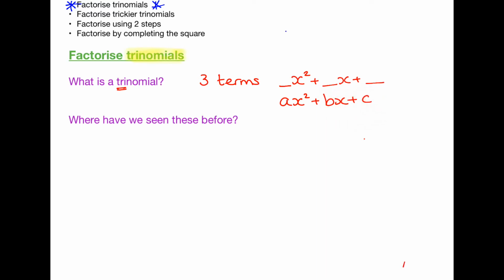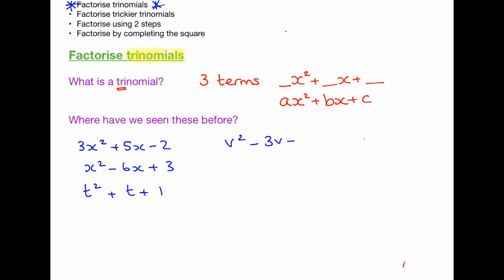Examples of trinomials would be things like 3x squared plus 5x minus 2, or x squared take away 6x plus 3, or t squared plus t plus 1, or v squared minus 3v plus 6.